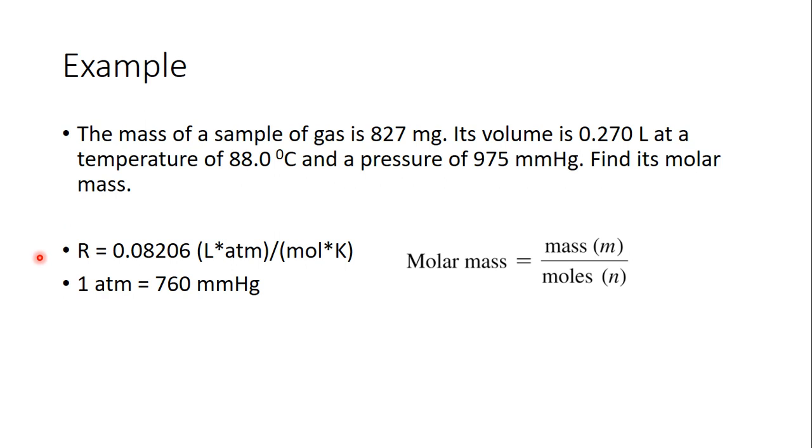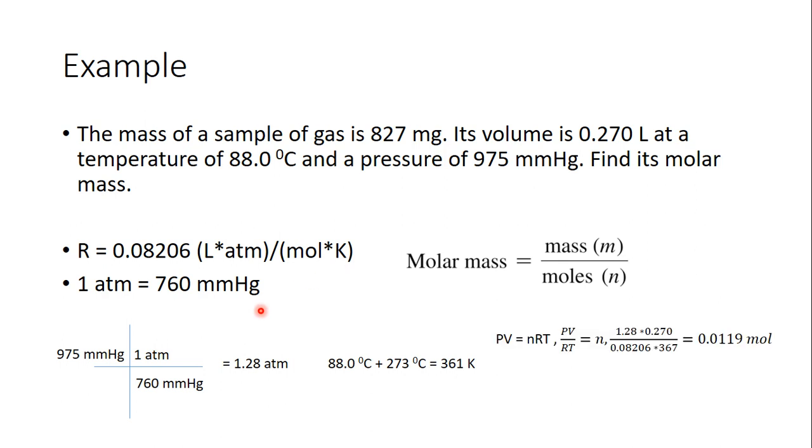Alright, let's take a look. So the first thing we're going to do, we're going to convert this torr into atmospheres because our gas constant is in atmospheres as well. So we do that, and as you see, we are working with 1.28 atmospheres. We've got to convert our temperature from Celsius to Kelvin because our gas constant's in Kelvin.